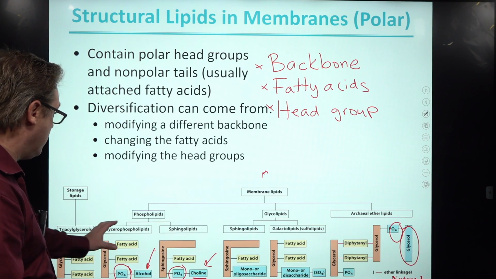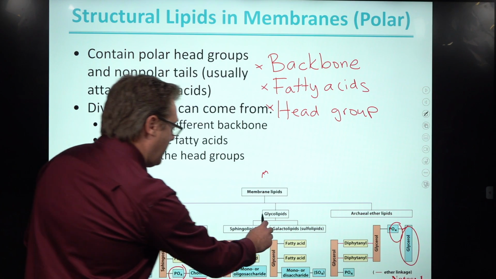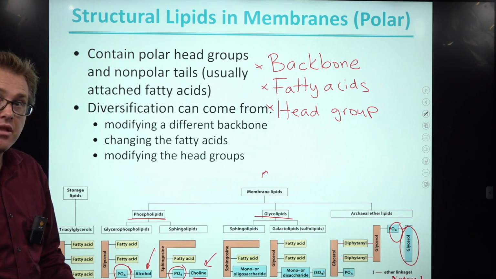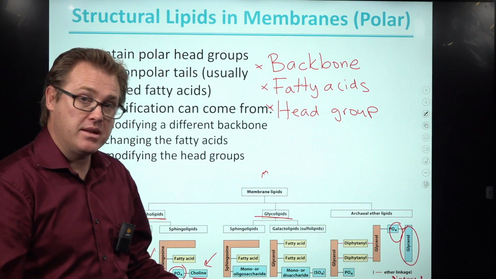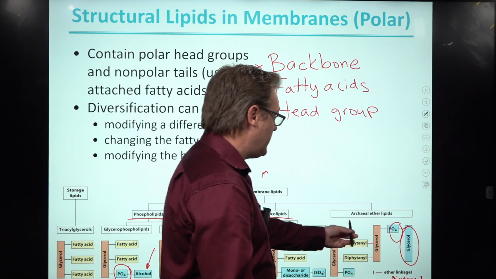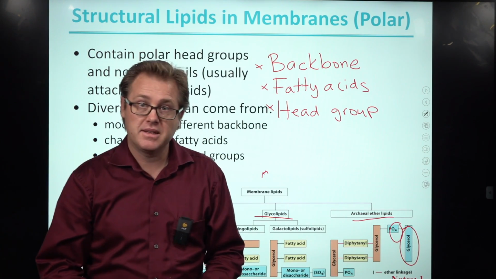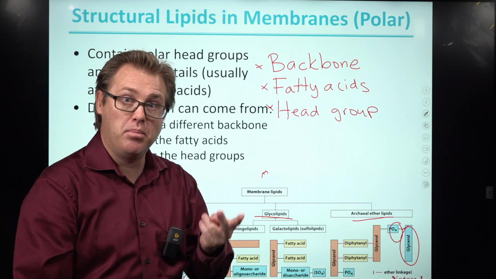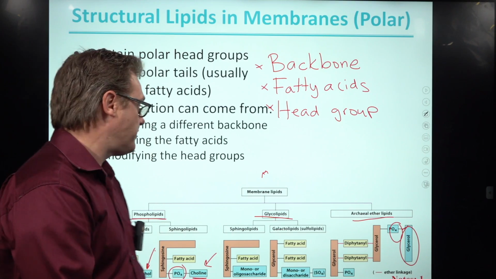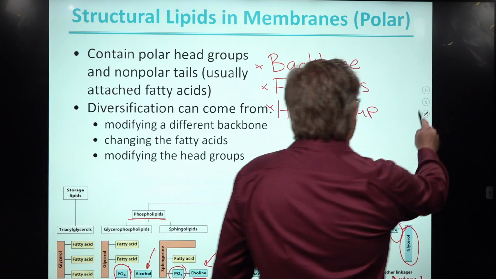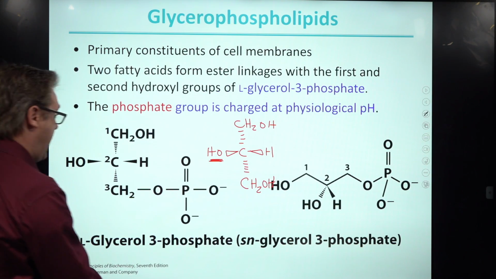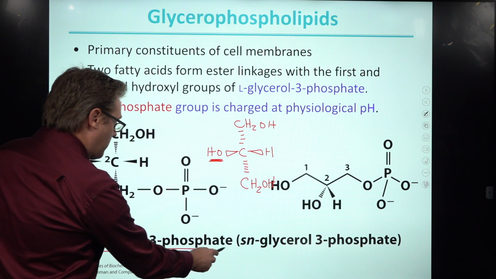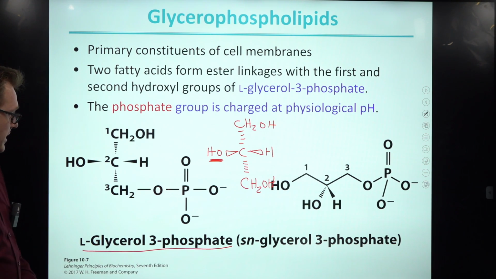When we're looking at the phospholipids and the glycolipids here, the backbone is generally going to be L-glycerol, whereas with archaeal ether lipids, the glycerol backbone can be either L or D. So that's what you see here in the name, L-glycerol 3-phosphate. And so there's the numbering scheme there.